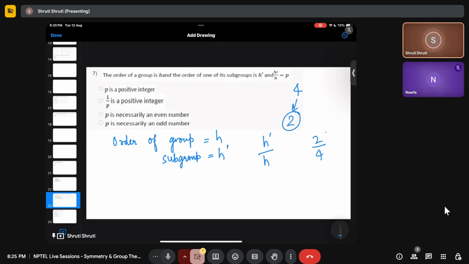So 1 by P is a positive integer. H by H dash is P, so H dash by H is equal to 1 by P. If this is positive, 1 by P is a positive integer.